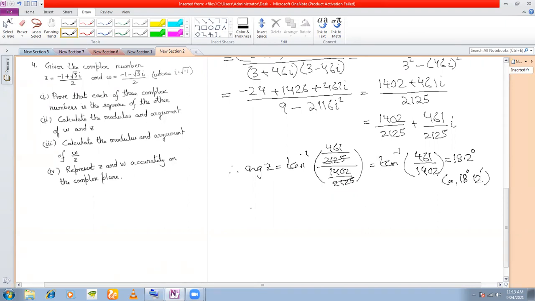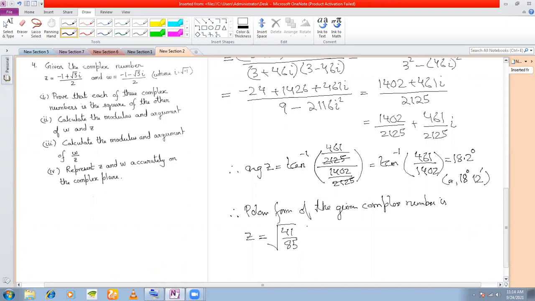Okay. So we have found the modulus and the argument. Therefore, the polar form of the given complex number is z is equal to r, where r is root over of 41 by 85.